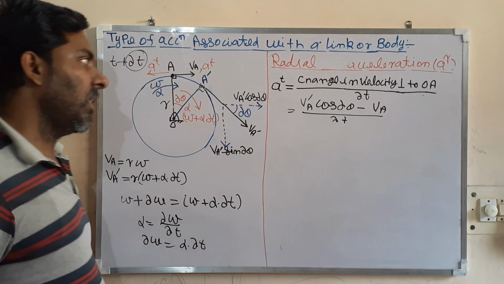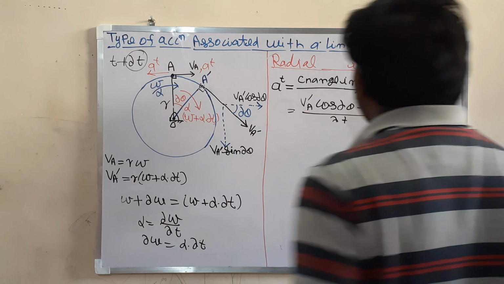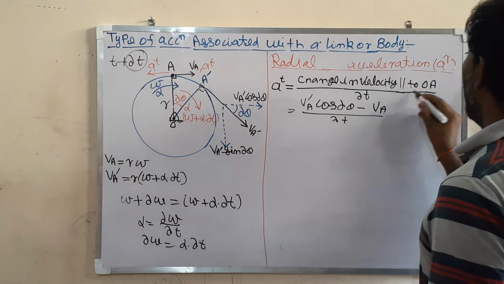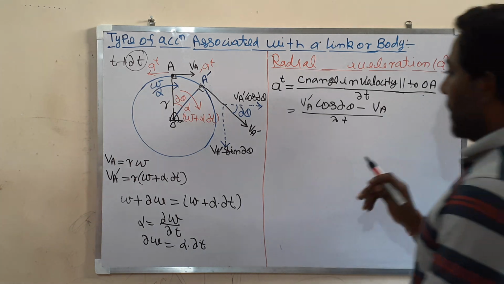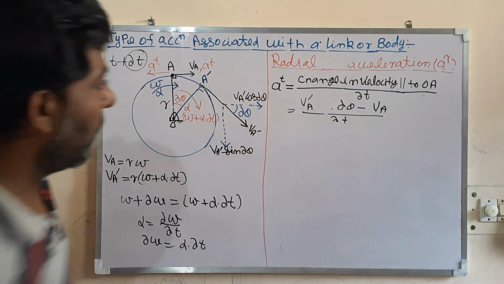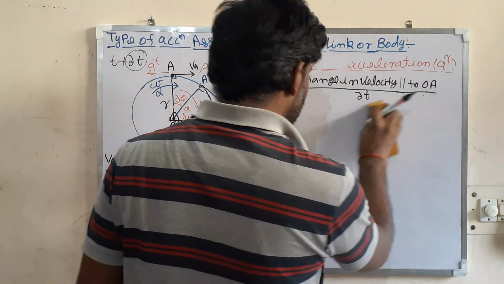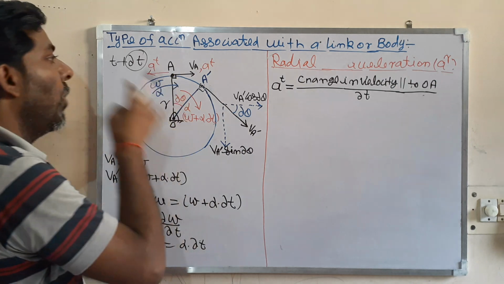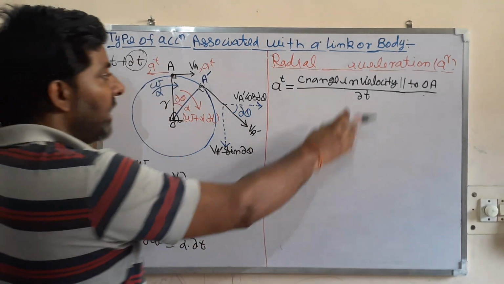This can be obtained as the change in velocity parallel to link OA divided by the time del t. From this formula you can get the change in velocity parallel to OA over del t.